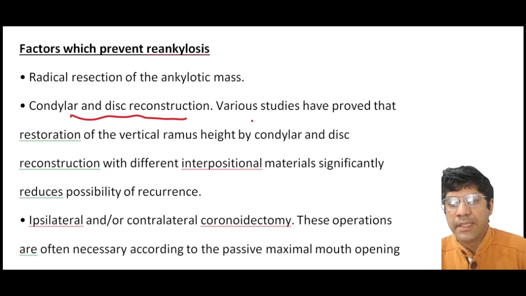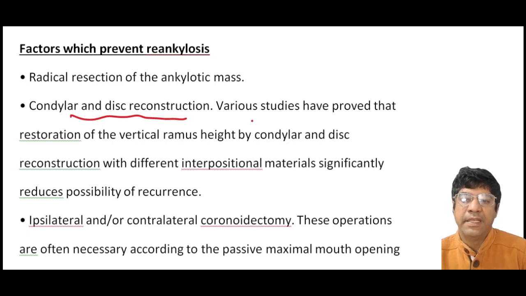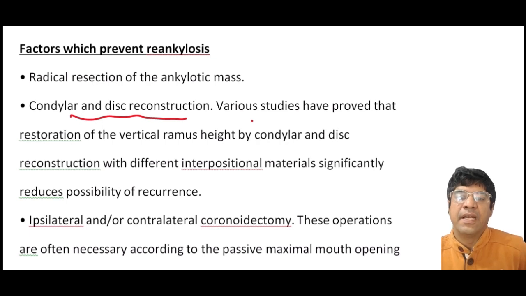Coronoidectomy can be either ipsilateral or contralateral. Some surgeries involve removing a part or all of the coronoid process. That step is important if the coronoid process restricts the mouth opening significantly. It can be done on the same side as the affected joint or on the opposite side.